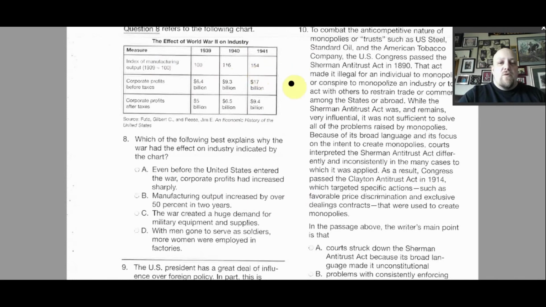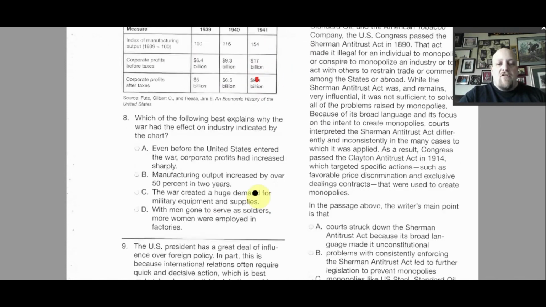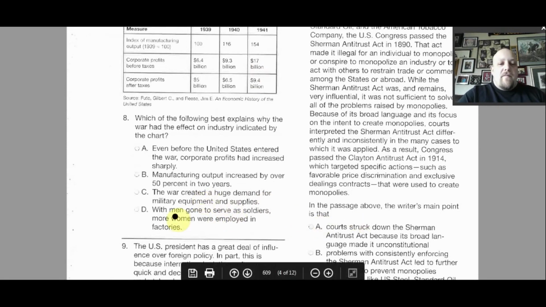So here's where we went into the war, 1941. There's a pretty sharp increase in demand, and what's important is supply and demand. The men gone to serve as soldiers, more women were employed in the factories. Okay, that has nothing to do with anything. There's nothing in this chart that would explain anything about this. This is completely extraneous, meaning useless information. It's not there.